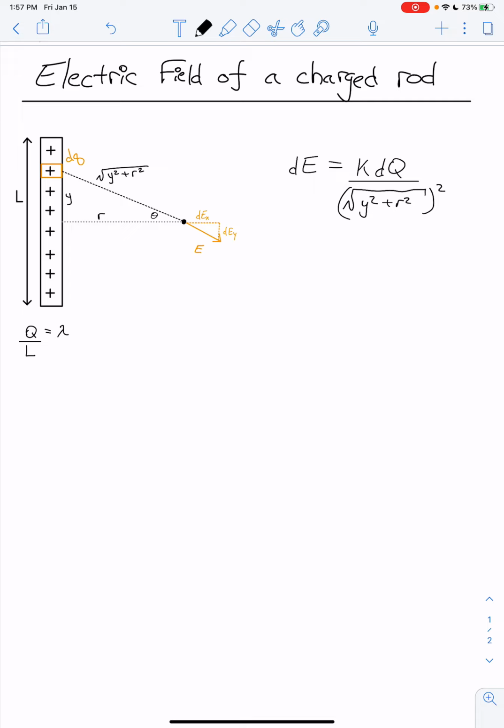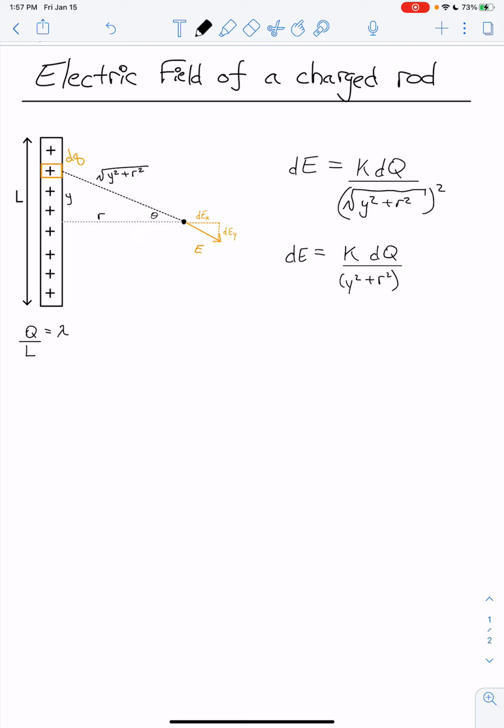And so because that's all squared, this will end up being K dQ over y squared plus r squared. Okay.